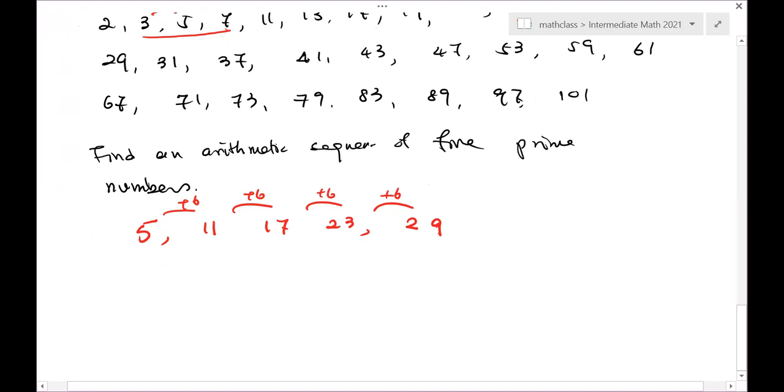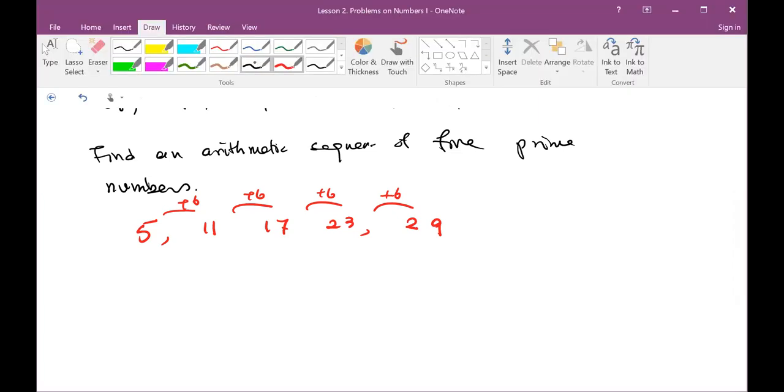Now I'm going to talk about prime factorization, because given a number, you can always try to express it as a product of prime numbers. This is a very common question.